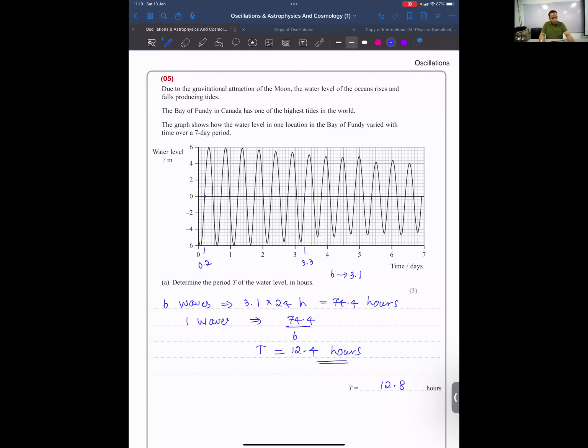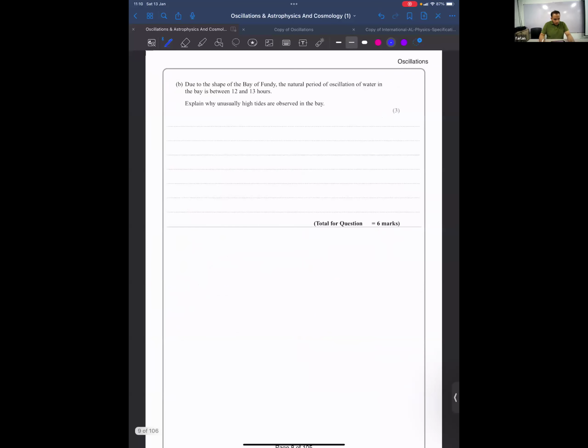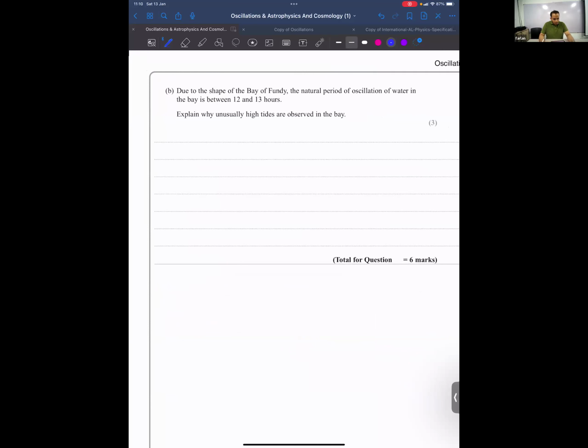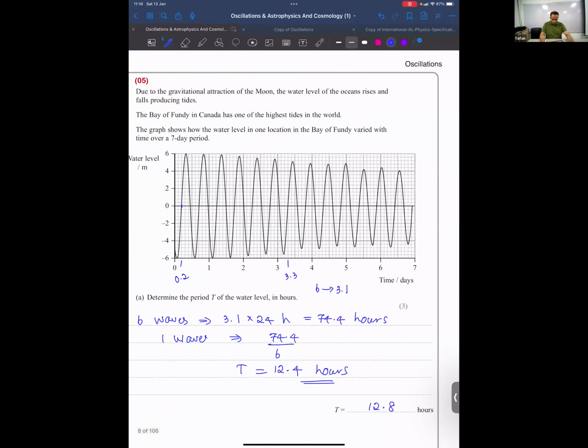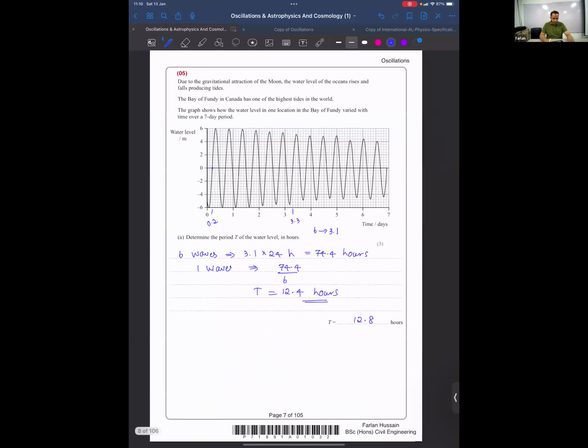The graph shows how the water level in one location in the bay varied over a time period of 7 days. Due to the shape of the Bay of Fundy, the natural period of oscillation of water in the bay is between 12 to 13 hours. That is the natural time period. But here it's 12.8 hours we calculated.